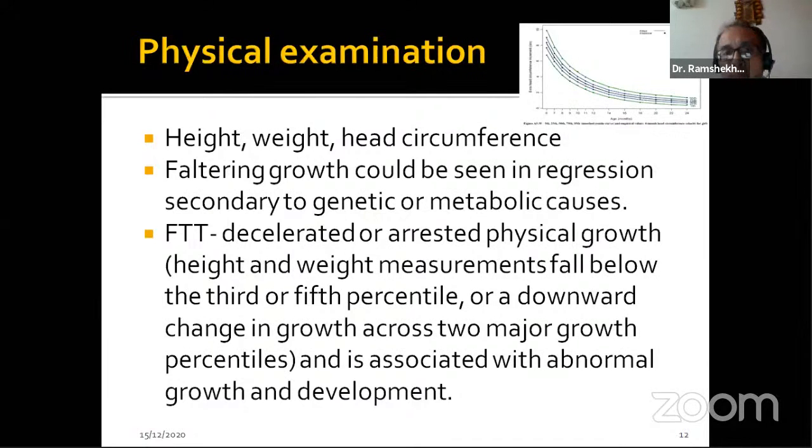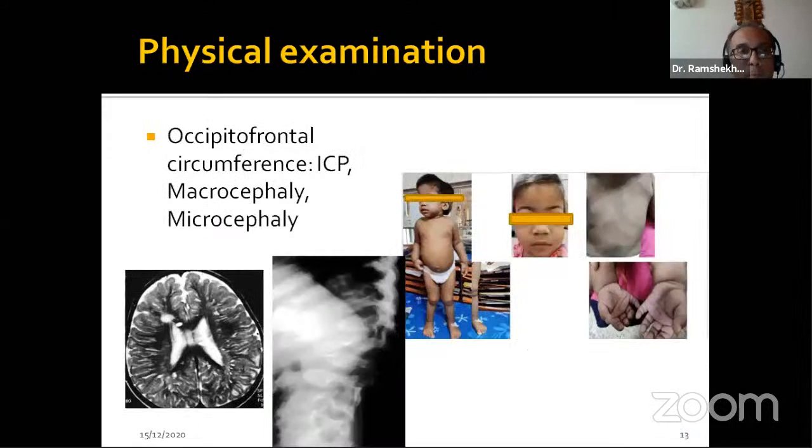So faltering growth could be a sign of regression, and failure to thrive is nothing but decelerated or arrested physical growth, which is usually associated with abnormal growth and development. This is usually based precisely on height and weight measurements which fall below the 3rd or the 5th centile, or a downward change in growth across 2 major growth percentiles. So if you chart it on your Denver developmental screening test and follow the child longitudinally, you would be able to appreciate the decline in the anthropometry.